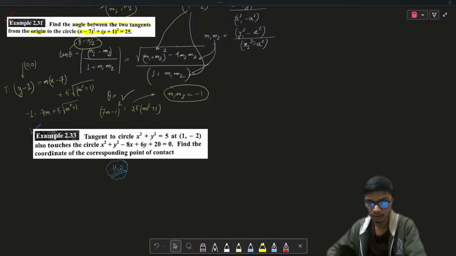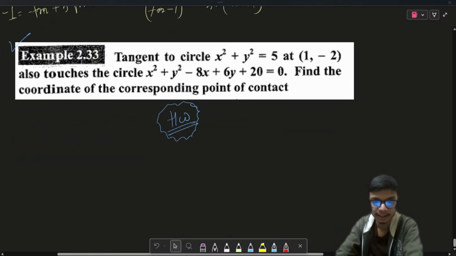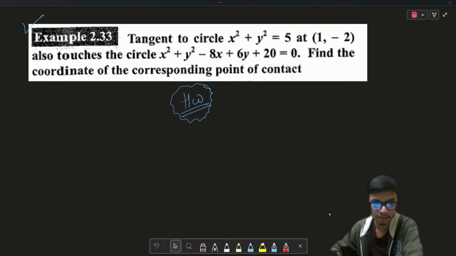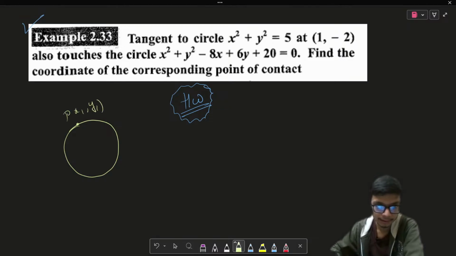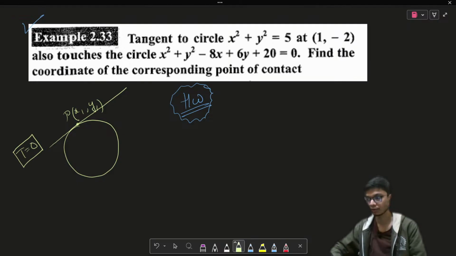If you recall the previous class results, to find the tangent to a circle at a given point P, let us say x1 comma y1, the equation of tangent was simply obtained by doing this operator, that is T equals to 0.